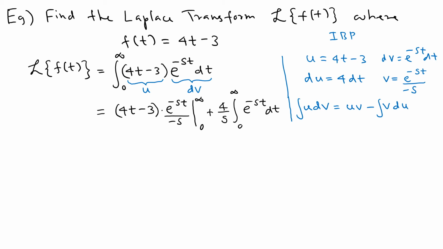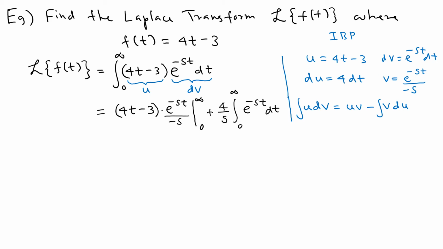Now the second integral you can evaluate. That's very easy, it's the same thing as we did before. But what about the first one? At 0 everything is fine, because once you plug in t equals 0, everything simplifies. But what happens at infinity?